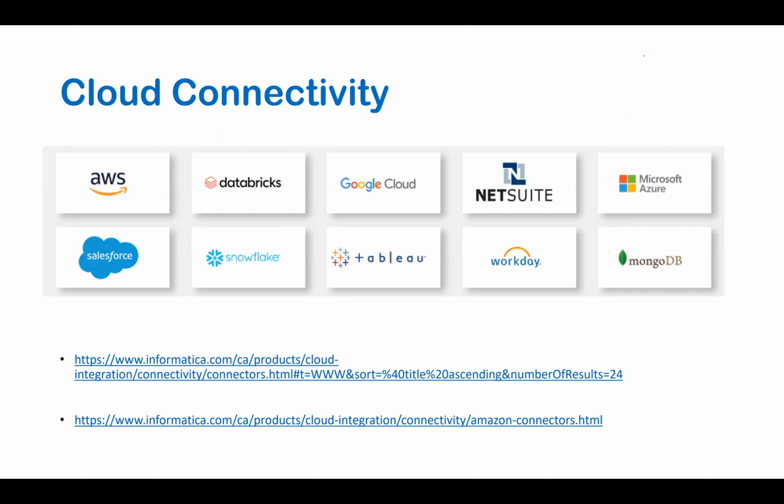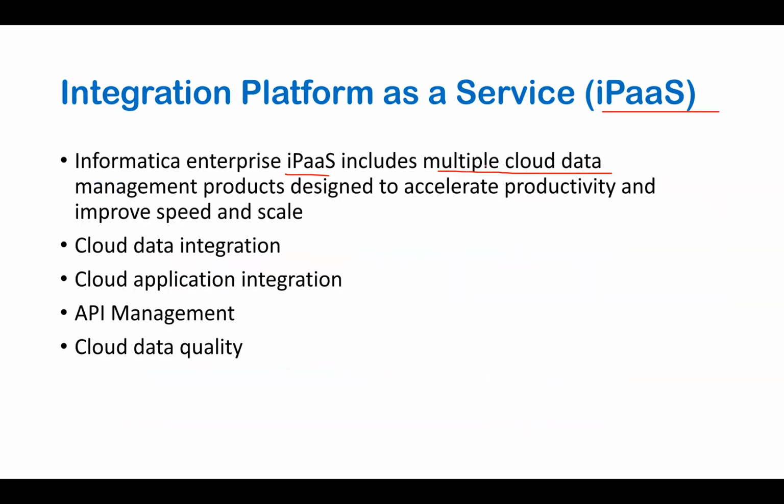Here, if you see the connectivity, a lot of connectivities are there. It can connect with AWS, Databricks, GCP, NetSuite, Azure, MongoDB, Workday, Tableau, Snowflake, Salesforce, any data sources. So iPaaS means integration platform as a service, right?